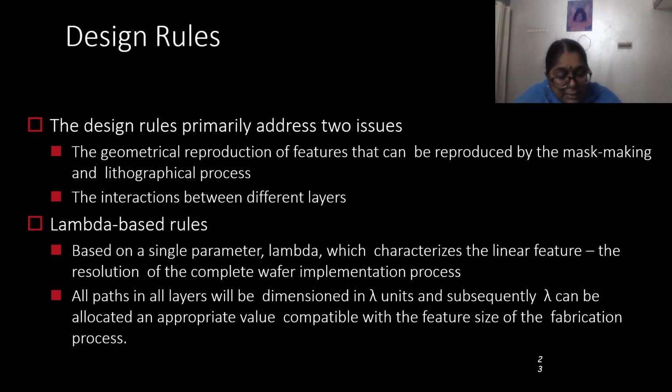So, what are lambda based design rules? Lambda based design rules are the rules in which the width, spacing between the layers, everything is mentioned in terms of lambda. So, when I make use of 180 nanometer process technology, it means that 2 lambda is equal to 180 nanometer, or 2 lambda is the length of the channel.